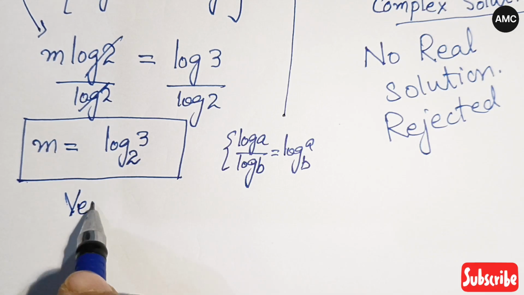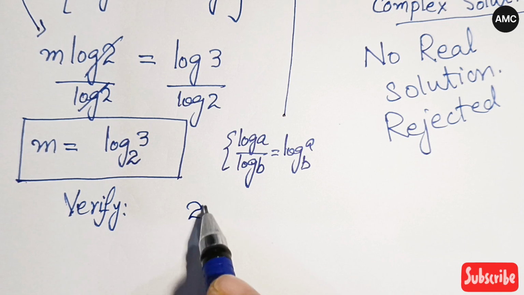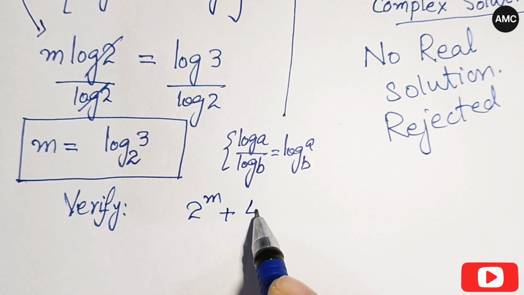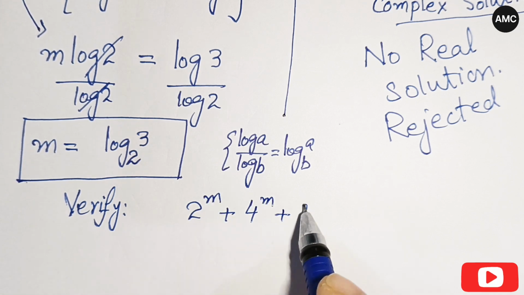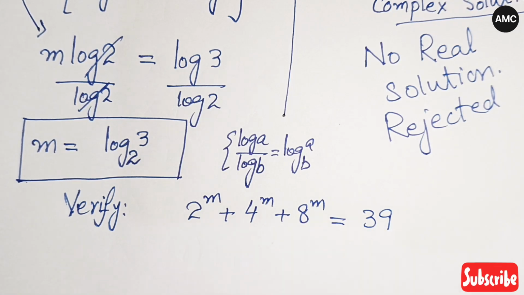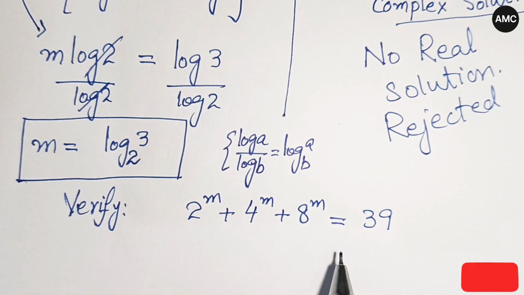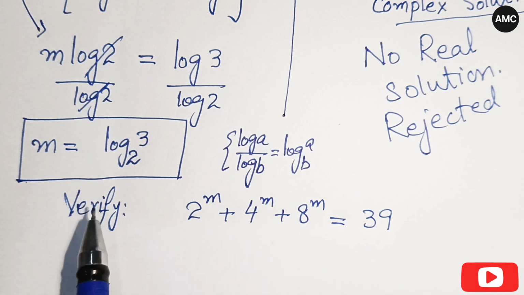For verification, recalling our problem, that is 2 to the power m plus 4 to the power m plus 8 to the power m is equal to 39. By putting in this value of m, if both sides are equal, then this value is true.